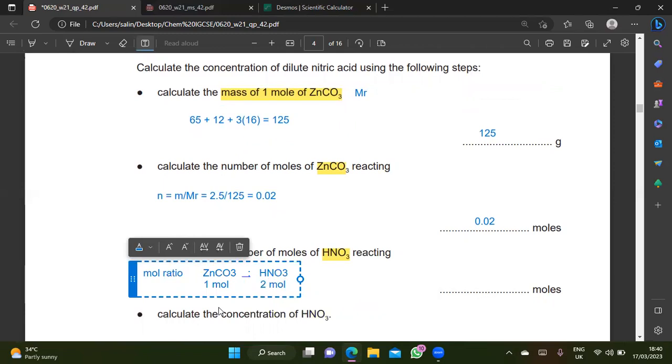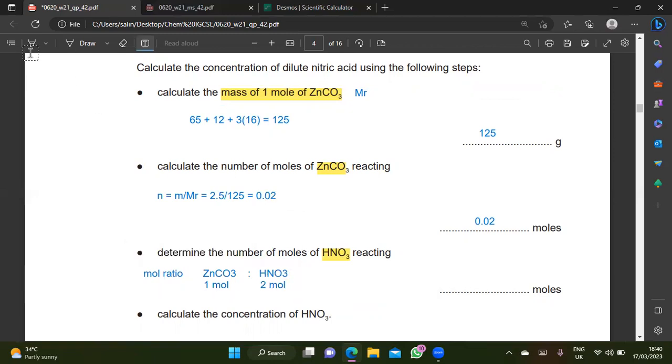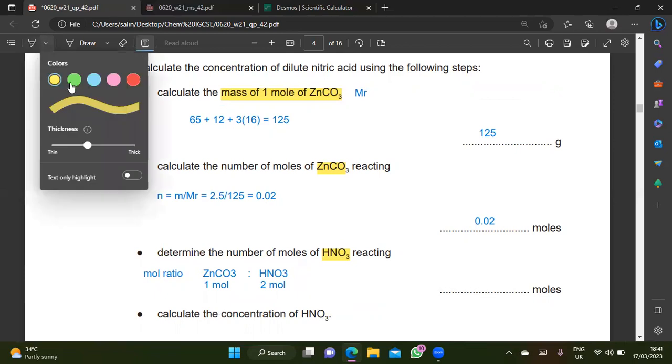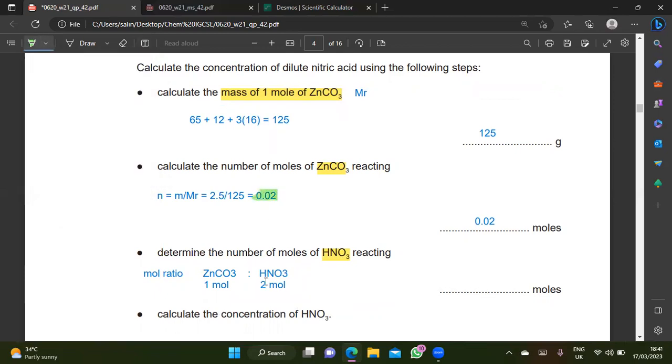Okay. So what did we calculate? We calculated the mole of zinc carbonate. This one, this is what we got. But what do we want to find out? The nitric acid. So what we can do here is rewrite this under the mole ratio.